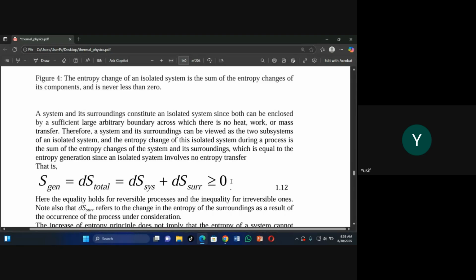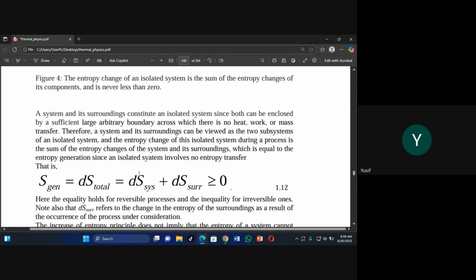to 0. As we said, when you take a system and the system has no thermal relation between it and its surroundings, always the total entropy of the system is the same as the generated entropy. So the first one holds. And now what if there is some transfer between the system and its surroundings?